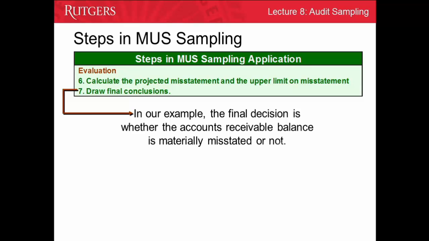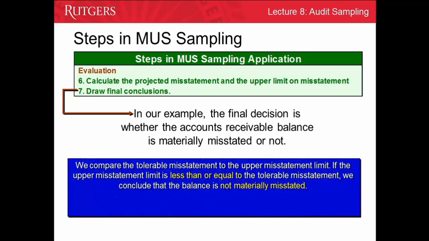After computing the upper misstatement limit, UML, the auditors can draw their final conclusions. For this example, the final conclusion on whether the accounts receivable balance is materially misstated is made by comparing the tolerable misstatement to the UML. If the UML is less than or equal to the tolerable misstatement, the evidence supports the conclusion that the account balance is not materially misstated.